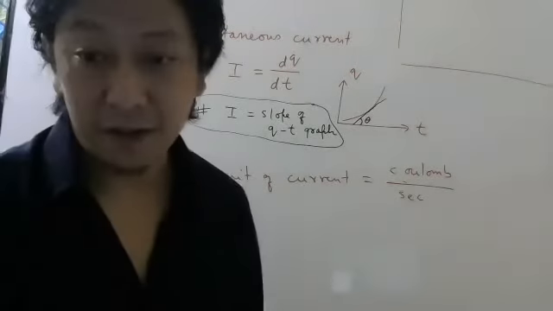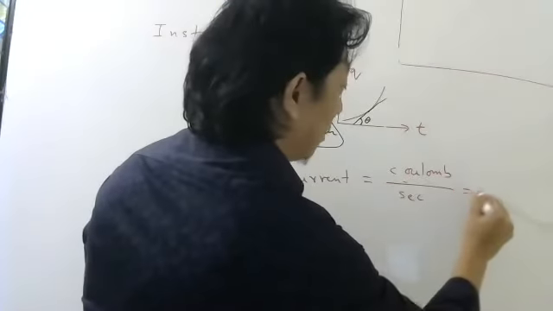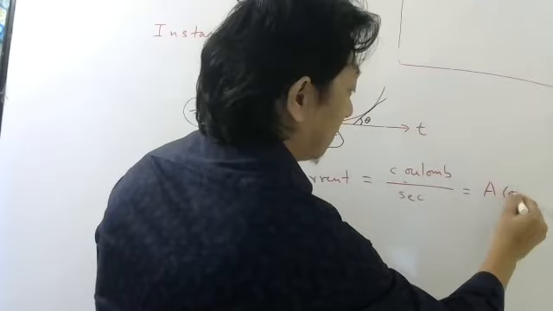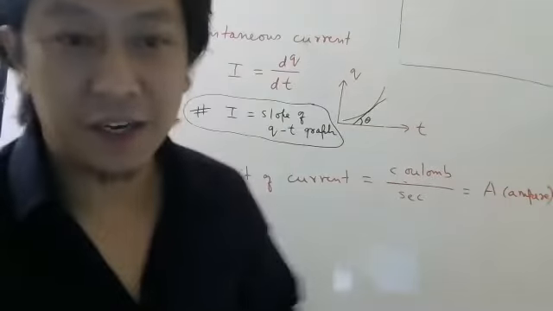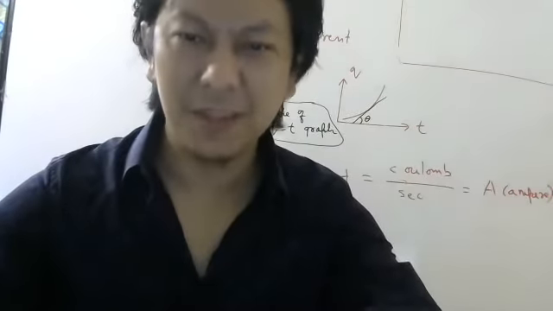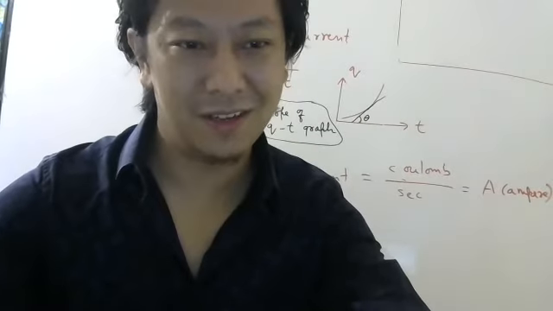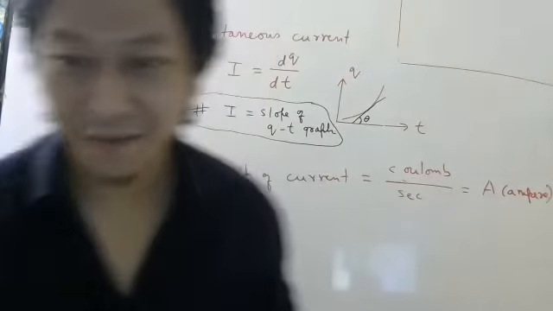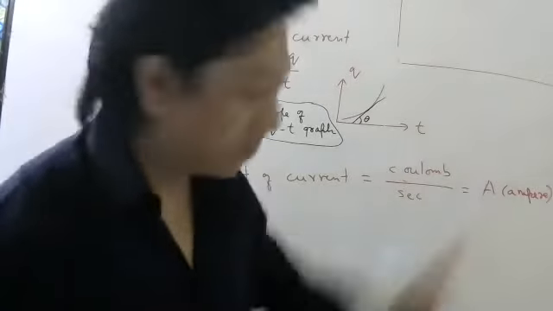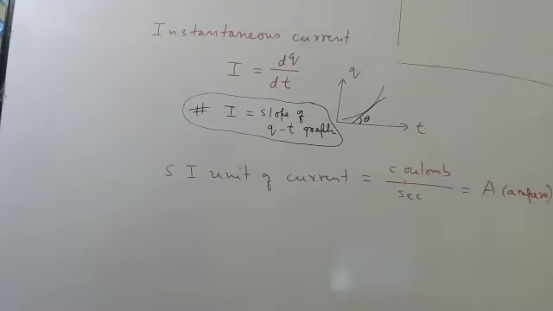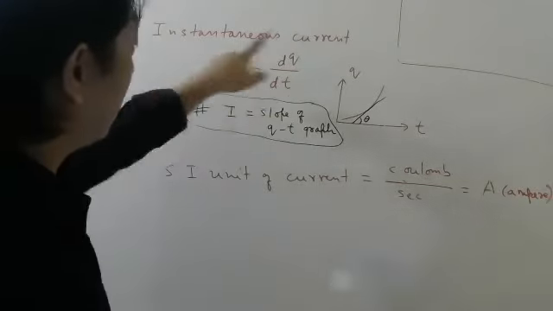However, while writing, we write this as ampere, because so many scientists have done so many great works. So to remember them, we give some units in their name. So coulomb per second is the unit, ampere, the SI unit. Okay. Fine. Please write down this part carefully.